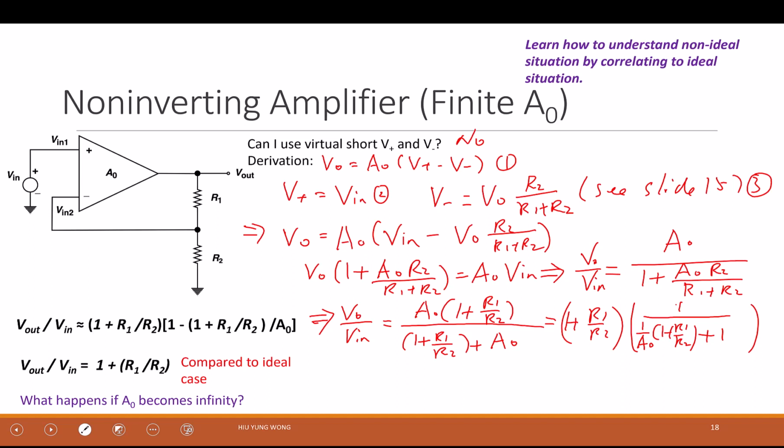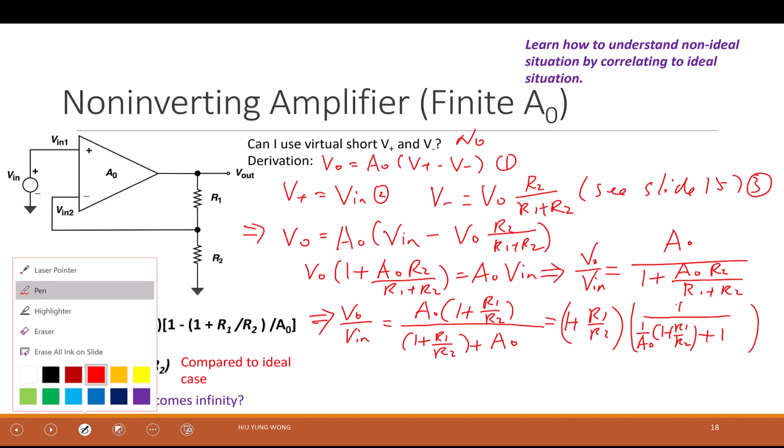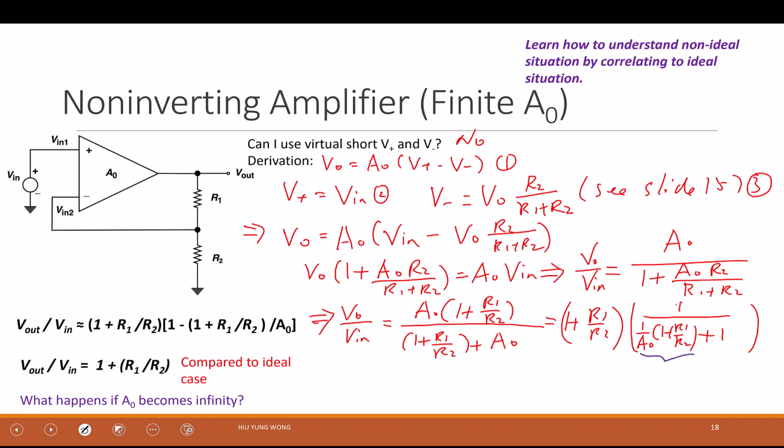Now I need to emphasize A0 is usually large, so this term is small. Think about A0 being 1,000 or 10,000. Then this is very small compared to 1. Then based on what you learn in Taylor expansion, you just trust me, we don't need this in this class, the Taylor series tells us that 1 over (1 plus x) is approximately equal to 1 minus x when x is much smaller than 1.